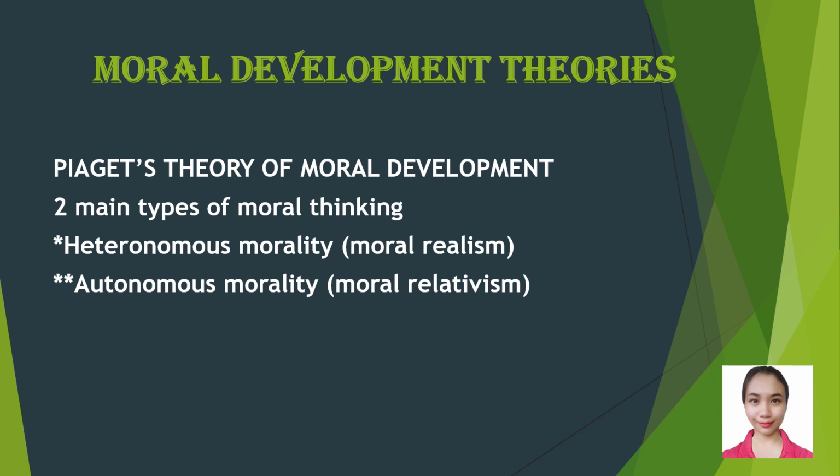Pero dito naman sa autonomous morality, which falls to 9 to 10 years old, nagkakaroon na sila ng understanding na kung susundin nila yung rules or hindi. Parang they think as an adult na kasi. So, if they want to follow the rule, they will follow. Kung hindi nila gusto, hindi nila susundin yung rules.